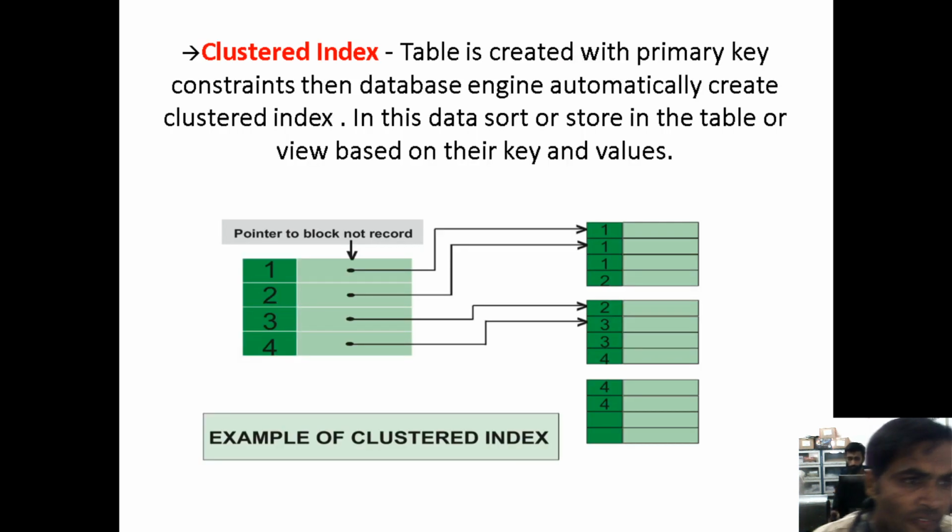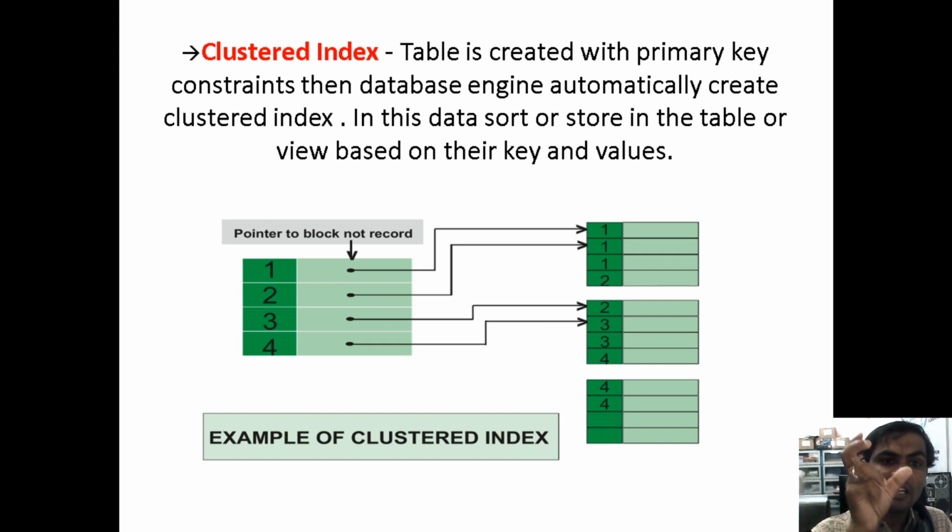Next, we are going to the cluster. What is the cluster and non-cluster index? Here is a best example for your understanding. Under the cluster, when a table is created with a primary key constraint, the database engine automatically creates the cluster index.